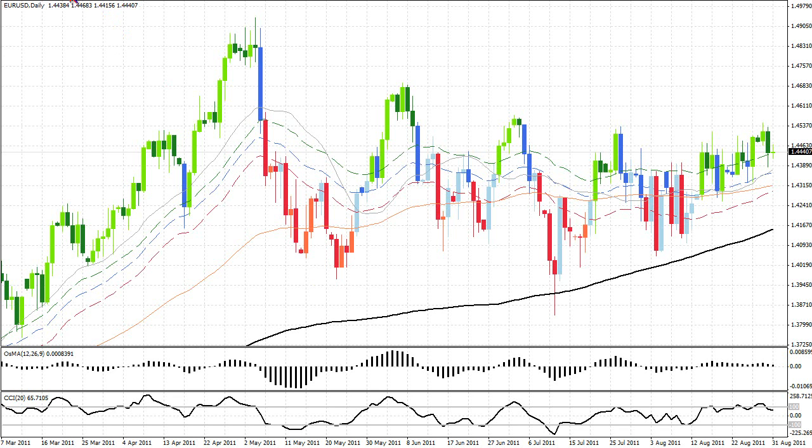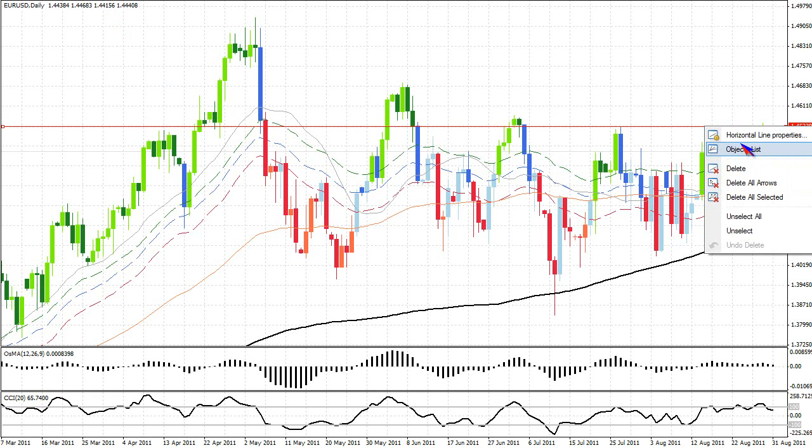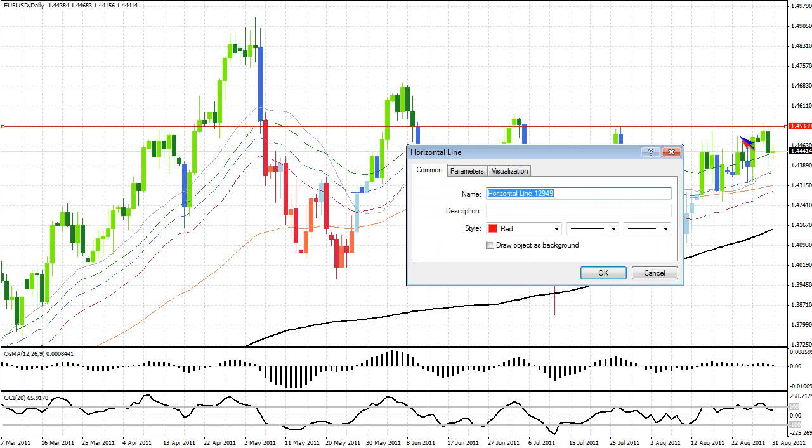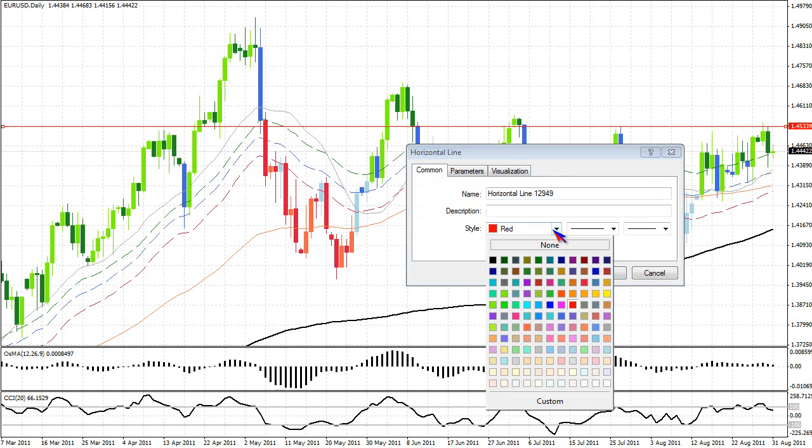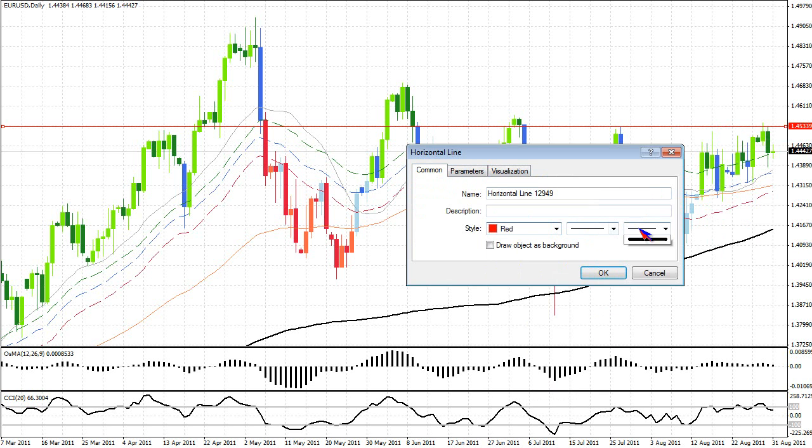Let me show you my entry and the why of it, and then we'll talk a little bit about the management of this trade. 44.95 was the entry.